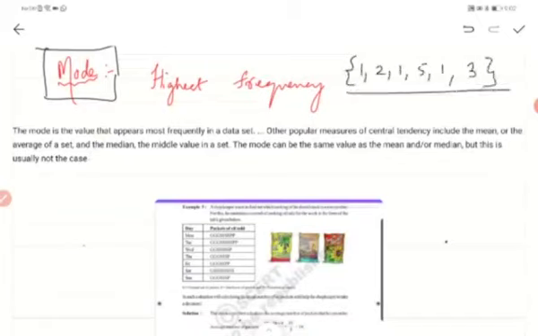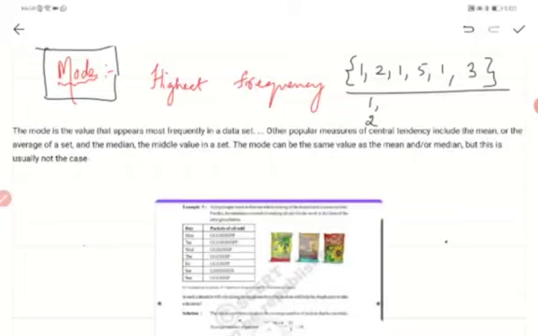For example, I have 1, 2, 1, 5, again 1 and 3. In this data, how many numbers do I have? I could place them in ascending or descending order, but there is no need to.